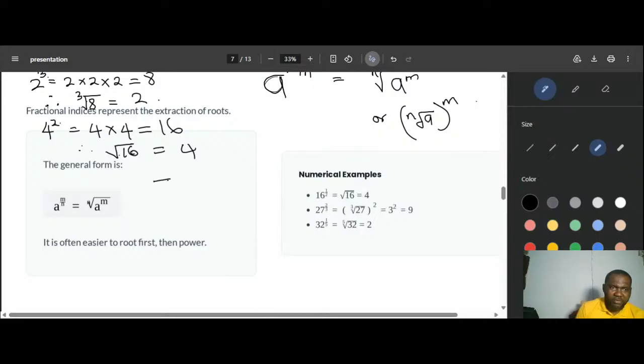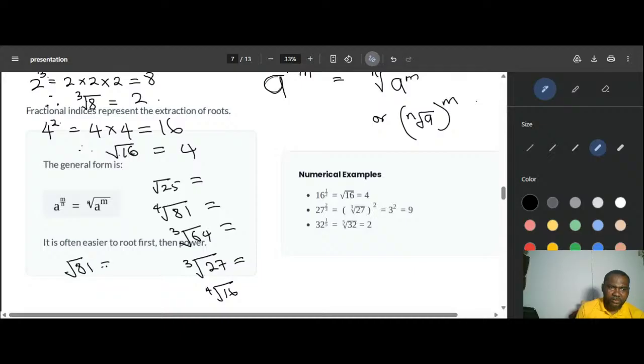Can somebody tell me the square root of 25? The fourth root of 81? The cube root of 64? The cube root of 27? Can somebody tell me what this is? Then the fourth root of 16, the square root of 81.